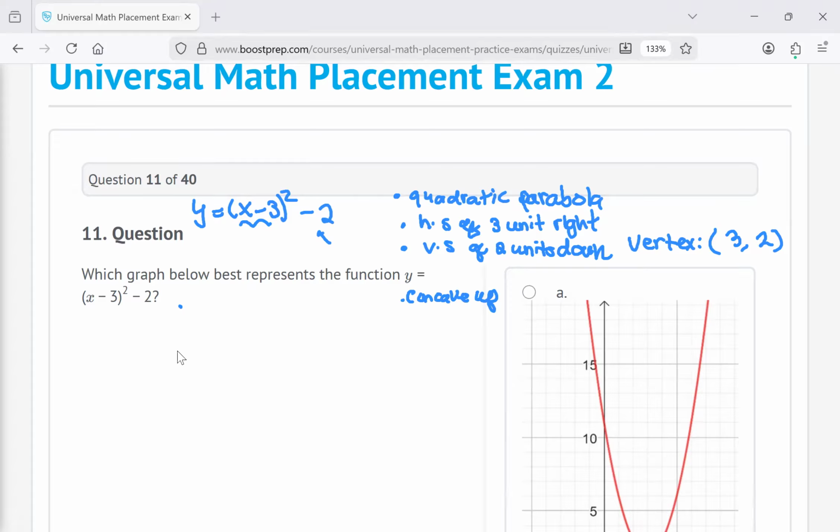If you really want to be technical, this is what it could look like. You have a vertex at (3, -2), and it's concave up like that. So we just need a graph that looks similar to that.